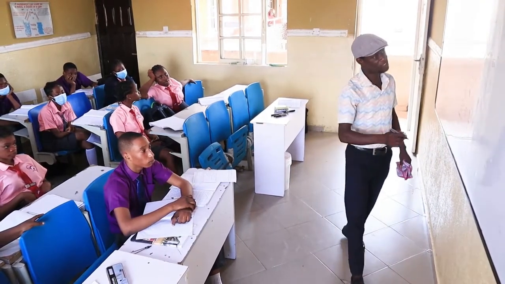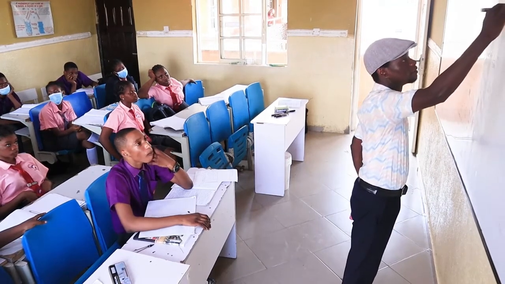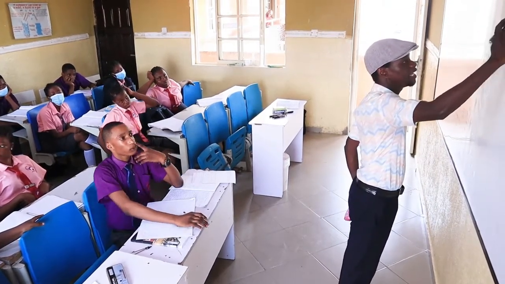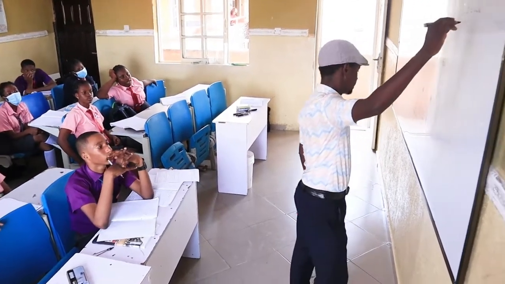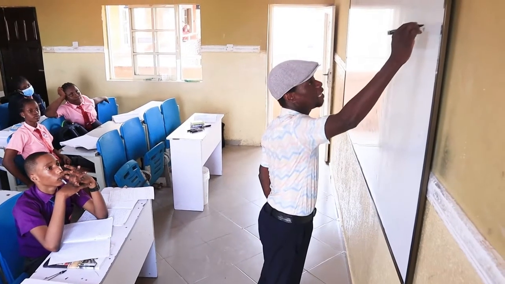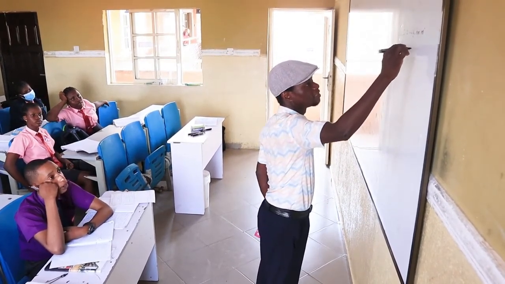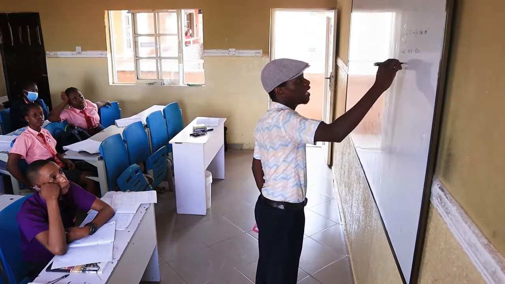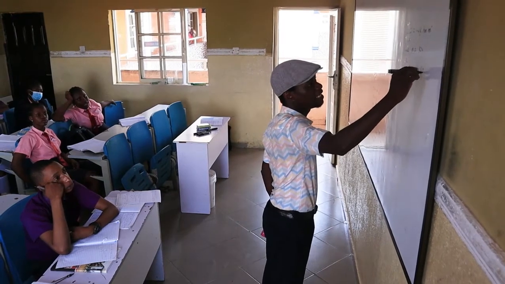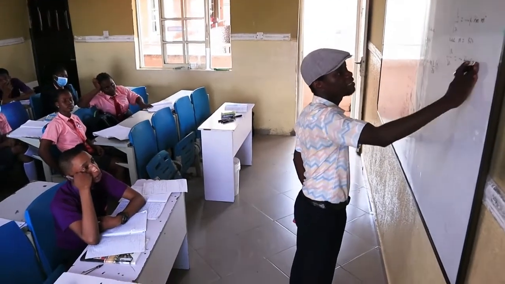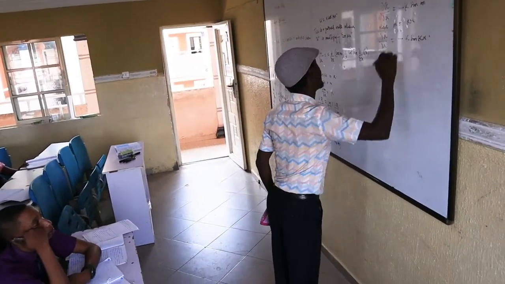So it means dr/dx is now equal to minus k sin n, where n is equal to kx. So dr/dx is now equal to minus k sin kx.